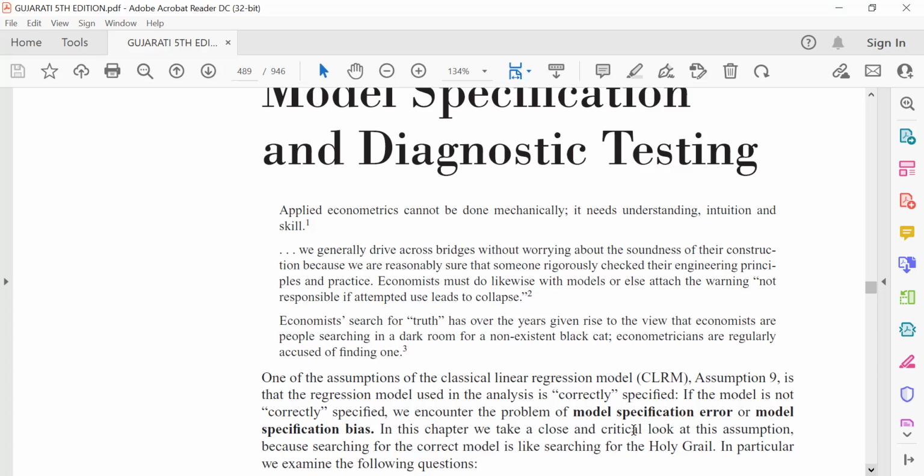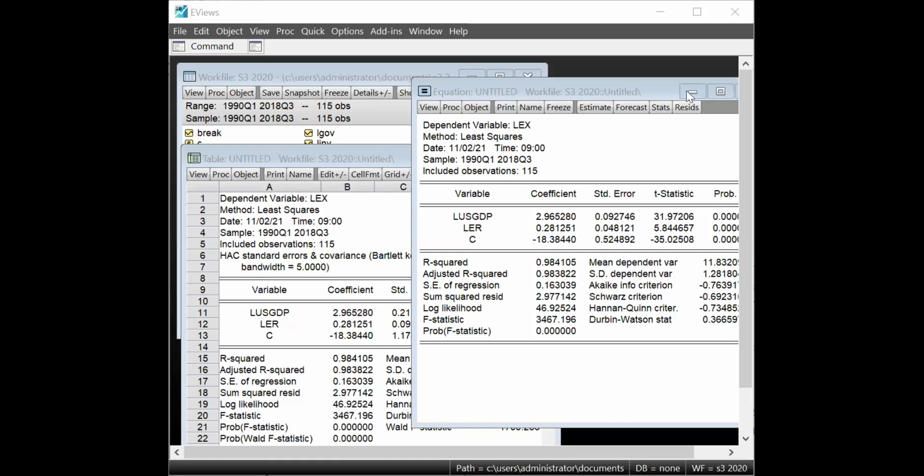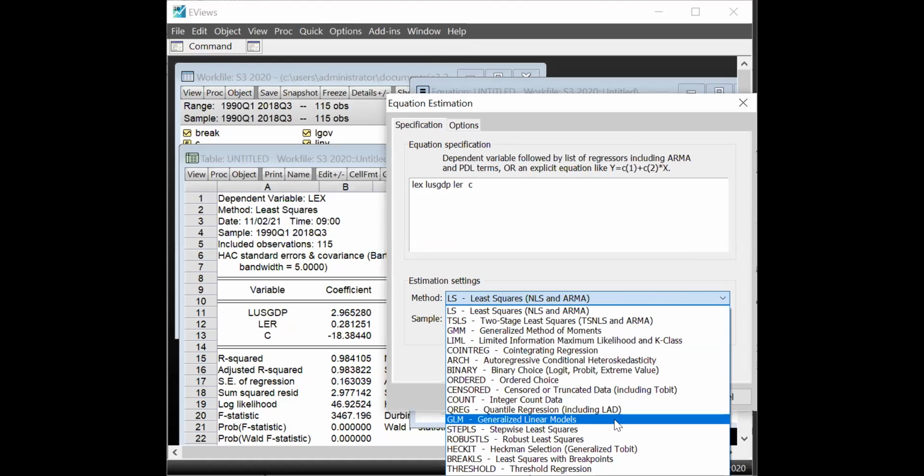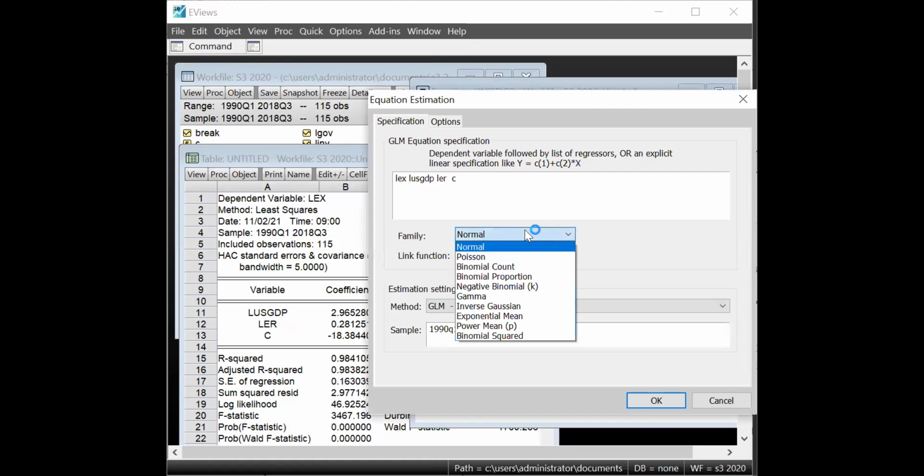I want to show you here. We have a lot of estimation models here. We have GMM, limited information, integrated regression model, ARMA, binary, ordered, censored, integer count data, quantile, GMM, GLM, etc. We do not use this one for our model.